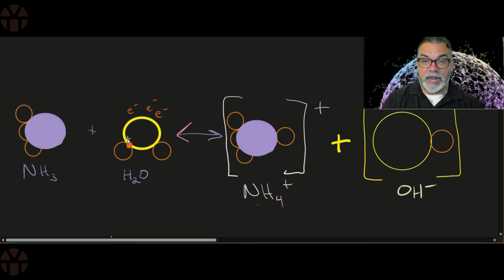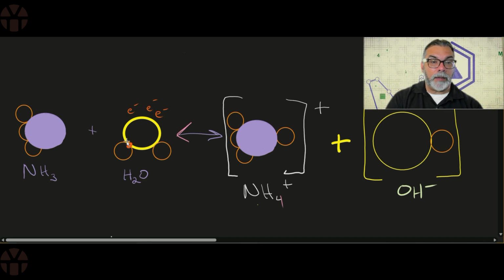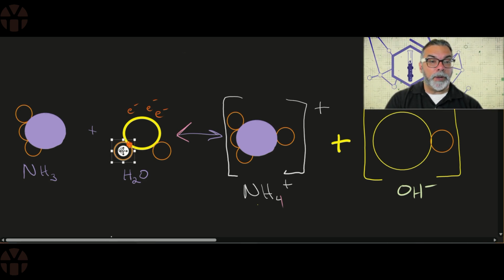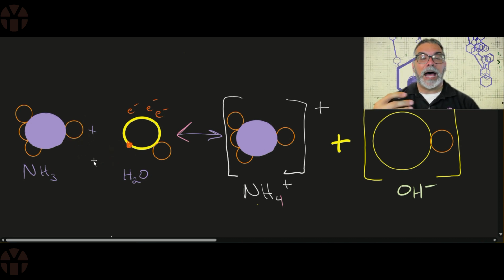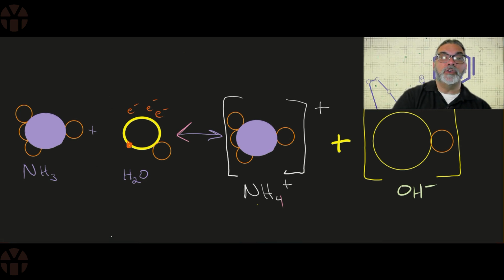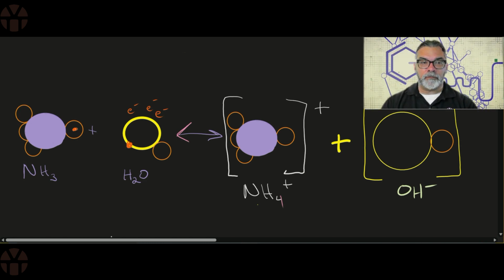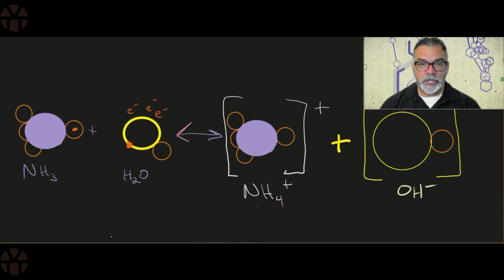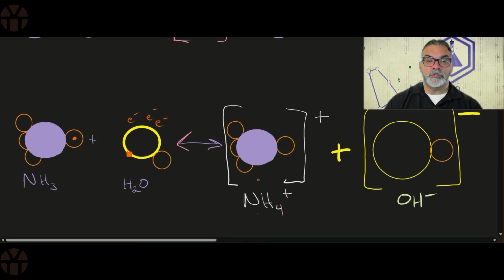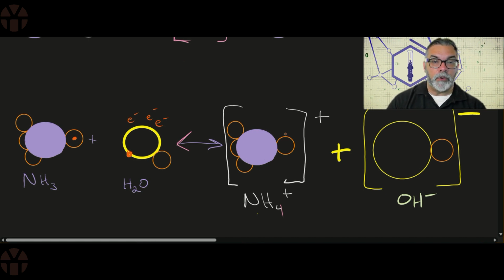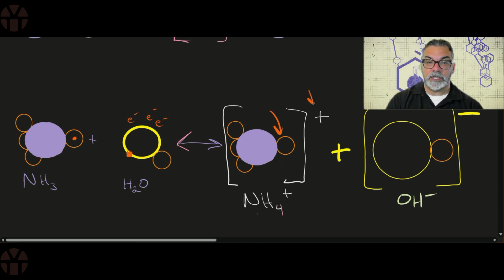Well, if that happens, and it just so happens that ammonia is in the vicinity, then as before, the lone pair of the ammonia will be able to attract the hydrogen nucleus, and in taking the hydrogen nucleus, it's as if it accepted a proton. And so when we come over to the product side, we see that ammonia produces ammonium, the same ammonia with the extra hydrogen ion, the extra proton, thus the positive charge.